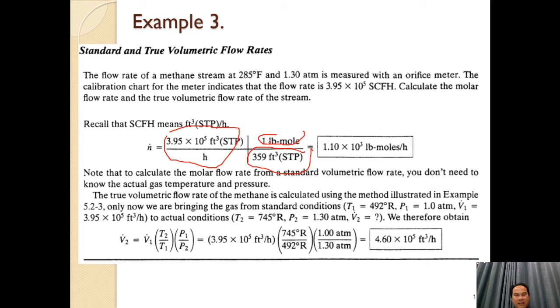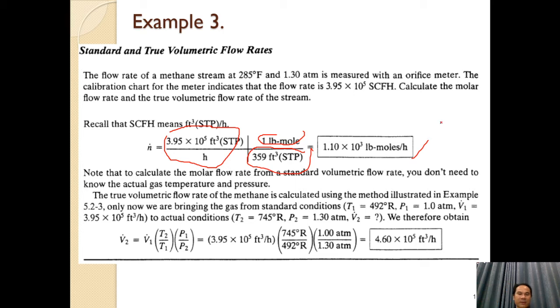You divide by this, and then you can calculate the molar flow rate.